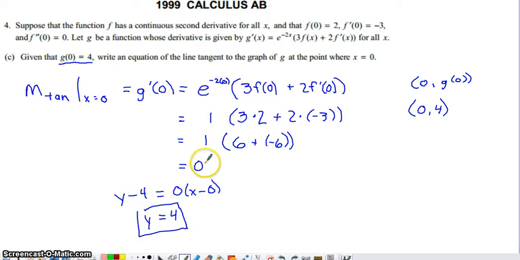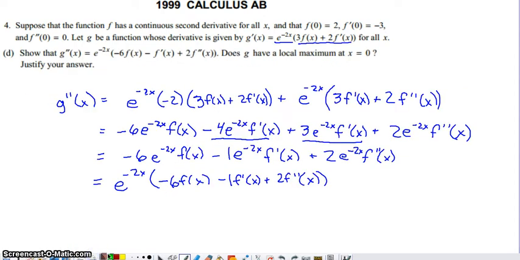So the derivative of g is equal to 0 when x is equal to 0. That means x equals 0 is a stationary point for g, right? 0, when put into the derivative, makes the derivative 0. Therefore, x equals 0 is a stationary point, a value of x that makes the derivative equal 0.